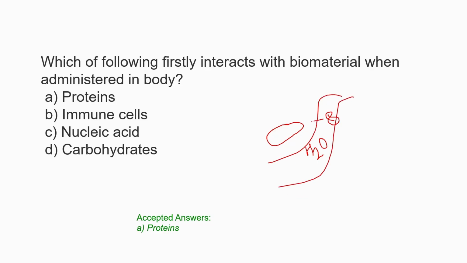So this will next come in contact with these proteins, and then these proteins attract these cells. The other options were immune cells, nucleic acid, and carbohydrates. So nucleic acid is basically inside the cells. But then carbohydrates also will come later. So after water, protein comes next in contact with biomaterial when administered in the body. So the correct answer would be proteins.